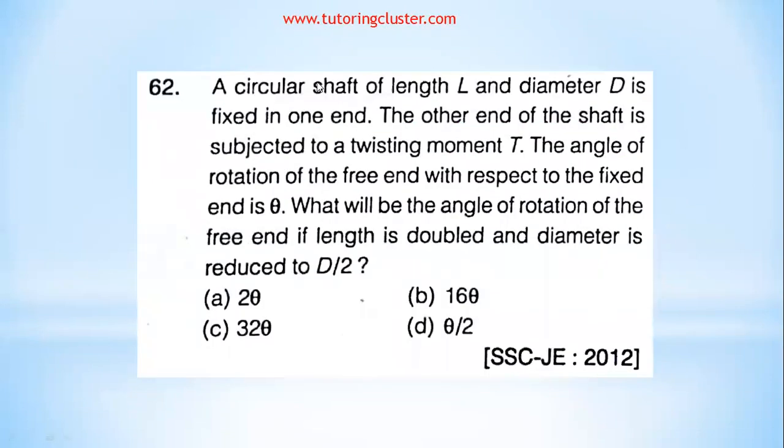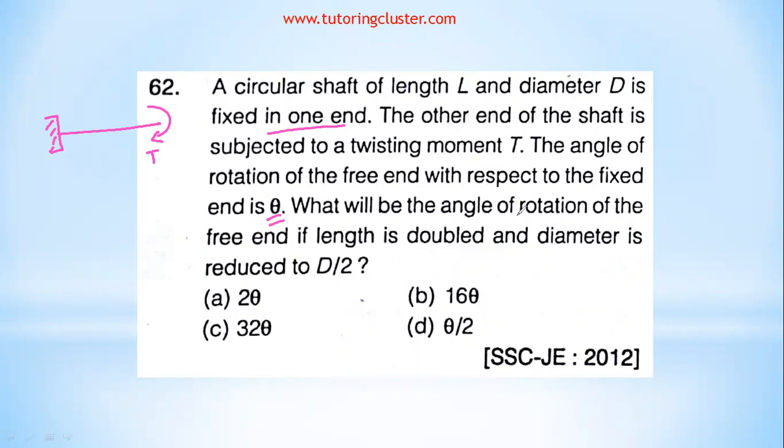Next, 62. A circular shaft of length L, diameter D is fixed at one end. Okay, the other end of the shaft is subjected to twisting moment. So basically, this is how the problem is. It is subjected to twisting moment T. The angle of rotation of free end with respect to fixed end is theta.